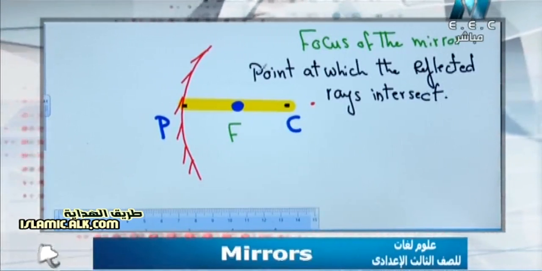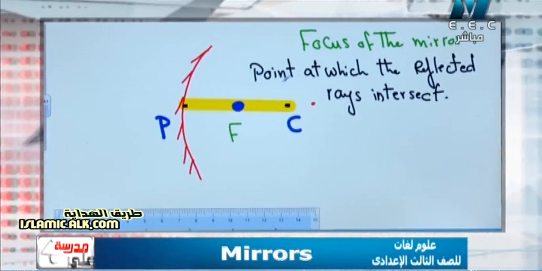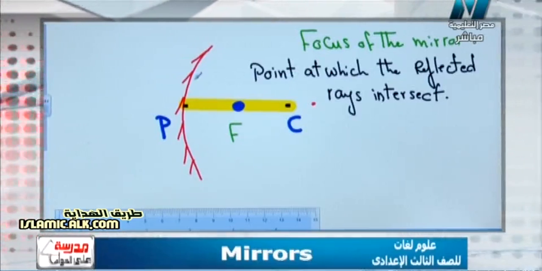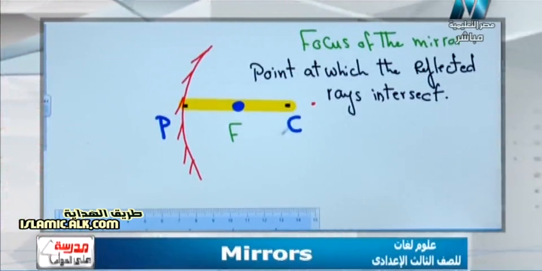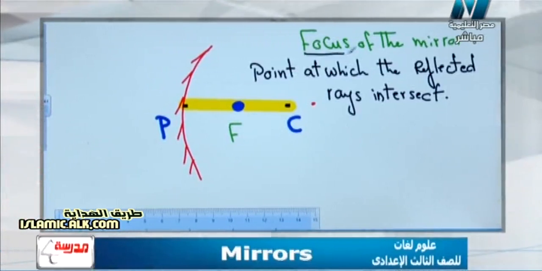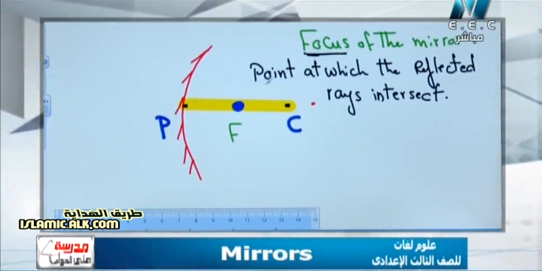If the light ray falls parallel to the principal axis, it will reflect through the focus. So the focus is a point.